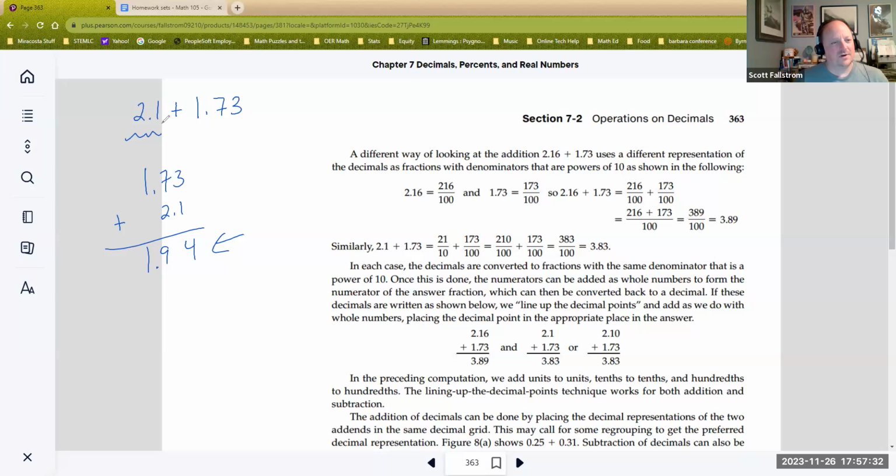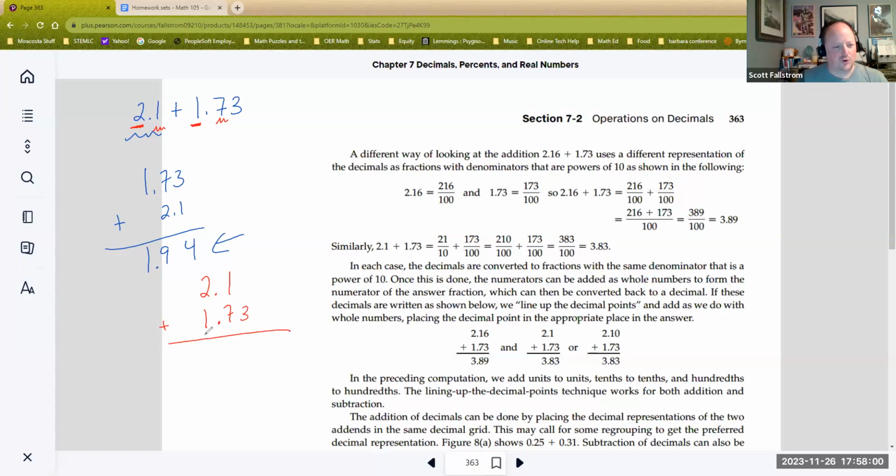All right, so we've got that piece. But what we want to do is think about these as place values. Okay, so place values, the ones need to match up with ones. The tenths need to match up with tenths. So when we line them up, the rule is typically we line up the decimal places, but we don't want to memorize a rule for no reason. We want a reason for it. And so really, when you think about it, all we're doing is putting our values that are the same together.